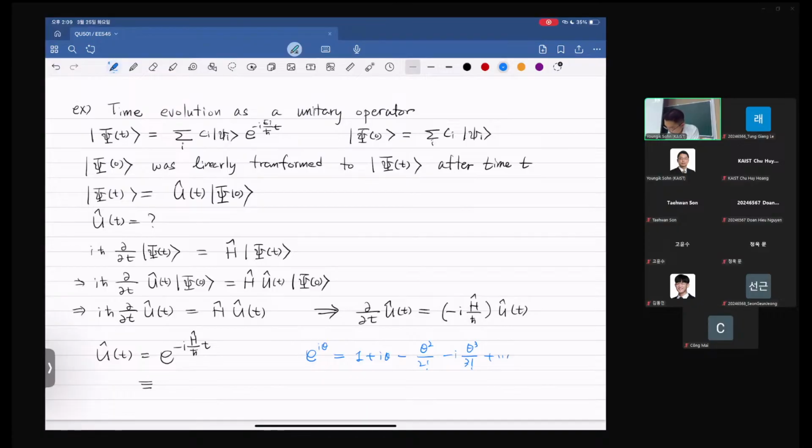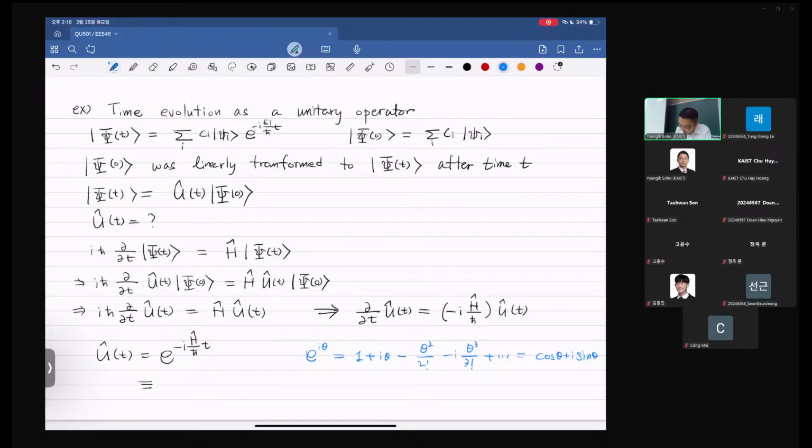Also you can write it as cosine theta plus i sine theta, the Euler formula, and do the Taylor expansion of sine and cosine, and you just recover that exponential. This is what we are familiar with. Now we will apply this here, exactly the same, except that in the place of theta, I'm going to put the H operator over h bar times t, and also a minus sign.